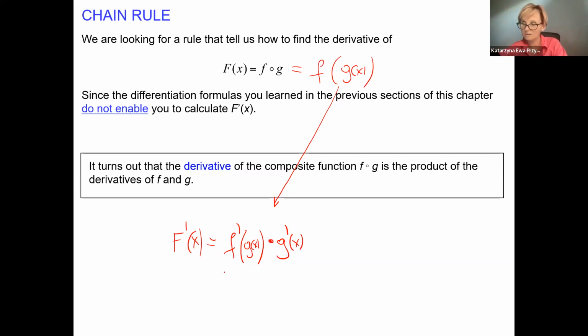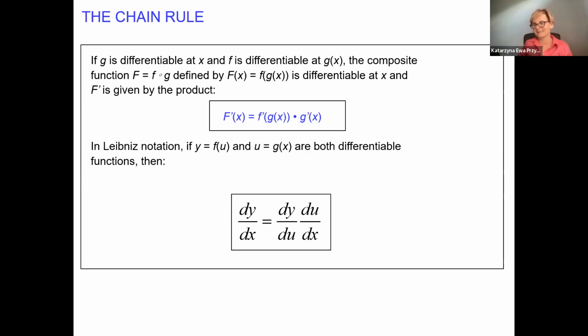The input of the outer function is still the same inner function that it was. But in general, it's just the product of two functions. Let's practice a little bit.